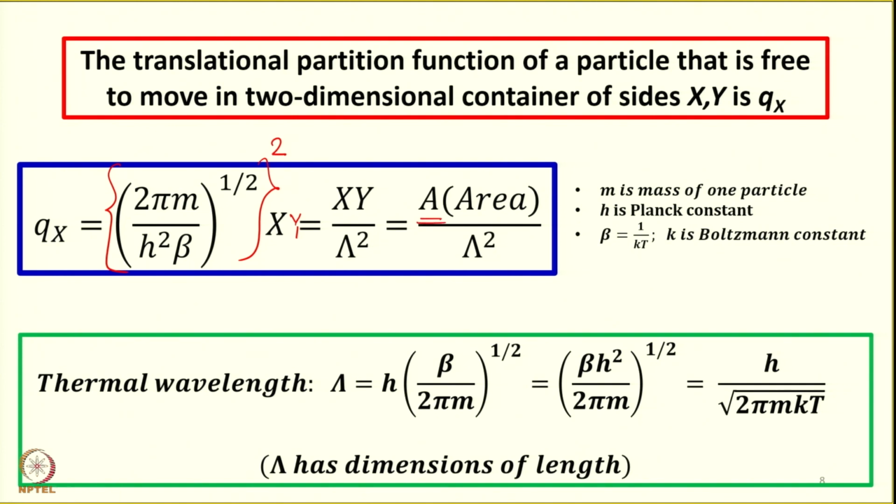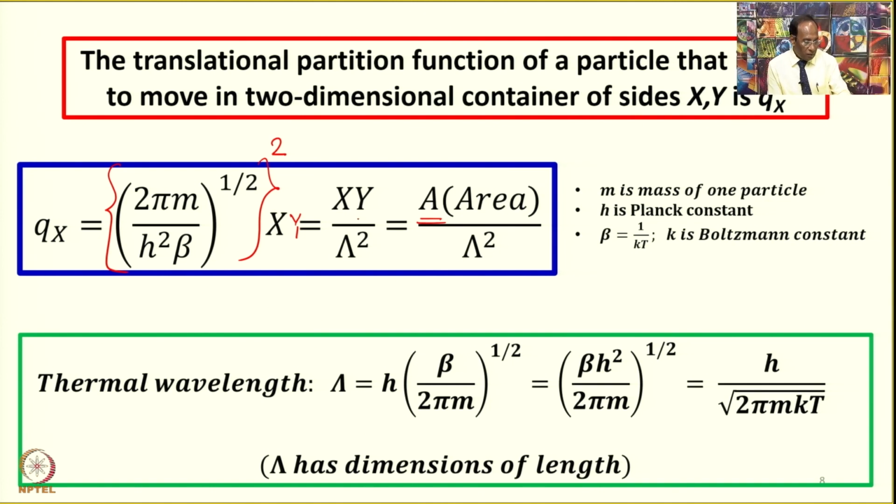That means if you were to deal with a particle, a molecule which is free to move only on the surface, then Q is equal to area divided by lambda square.